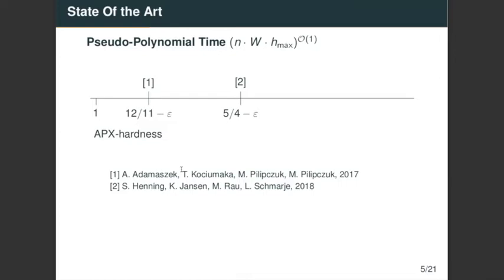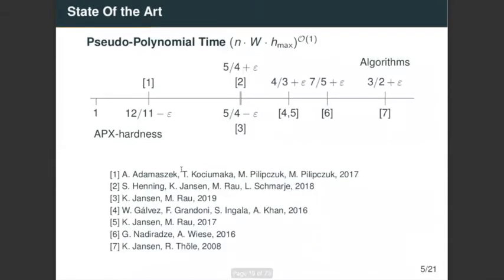And the second one is a 5/4 minus epsilon APX hardness result by Henning et al. In terms of approximation algorithms, there were improvements from 3/2 plus epsilon to 5/4 plus epsilon. This 5/4 plus epsilon is a result by Jansen and Malin Rau, which was recently presented. So now you can see that the case is almost closed, and the only question left here is: does there exist an approximation algorithm with factor exactly 5/4 or not?